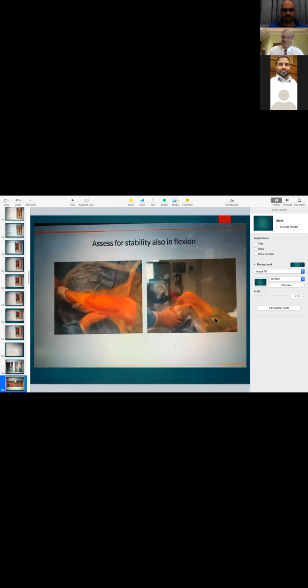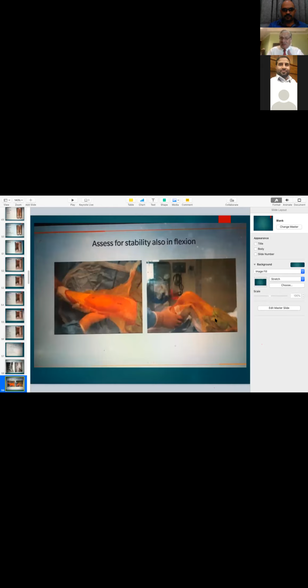Assess for instability, also in flexion. Why in flexion? Because up to 50 degrees there is capsule tension, which prevents you from detecting the varus or valgus condition, from the capsule or not capsule. So when you do 15 degrees, you eliminate the job of the capsule.